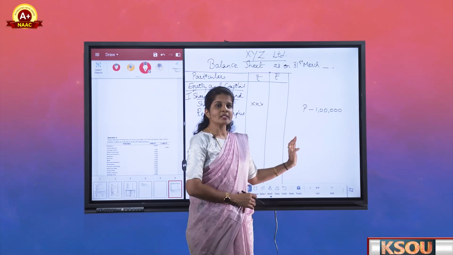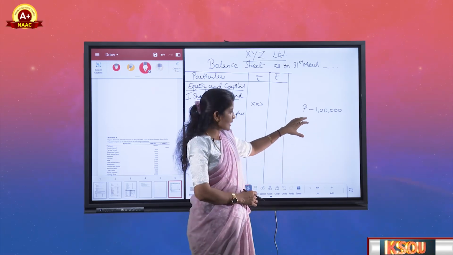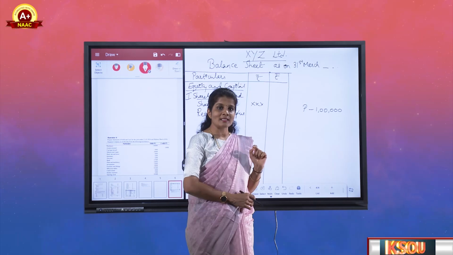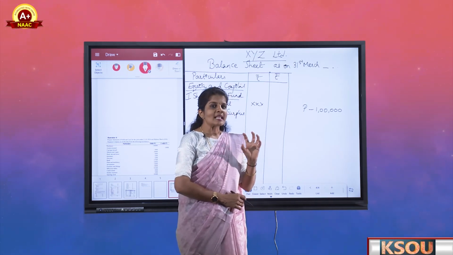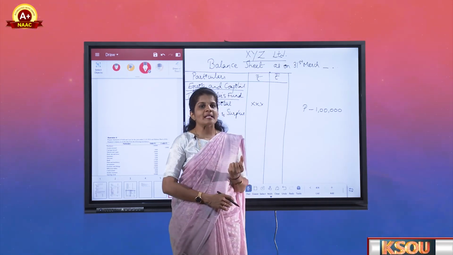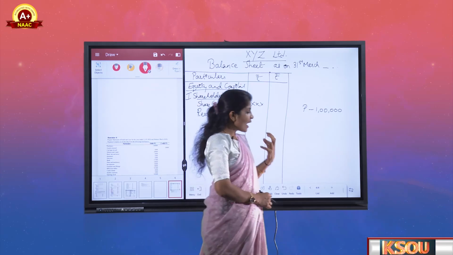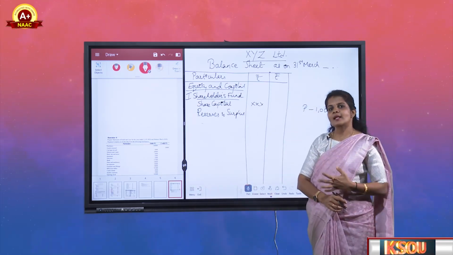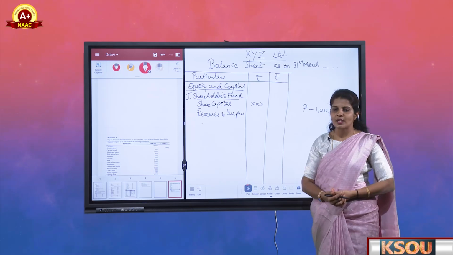For the shareholders, what returns do we give? Will the business's entire profit be distributed to the shareholders? No. They will keep some amount for meeting future needs, and after keeping some amount in the business, the remaining will be distributed to the shareholders.